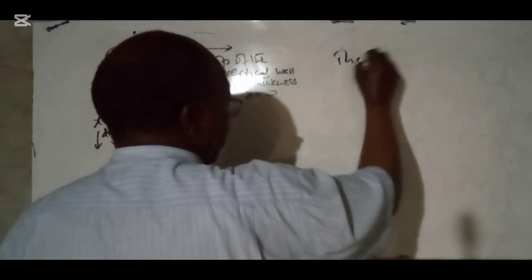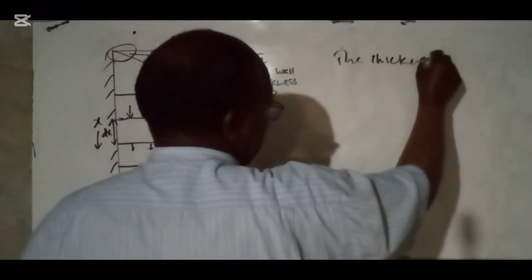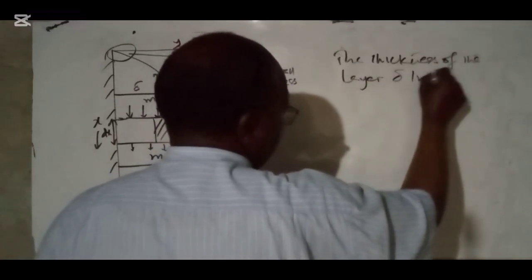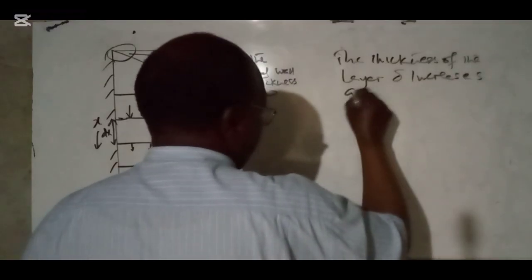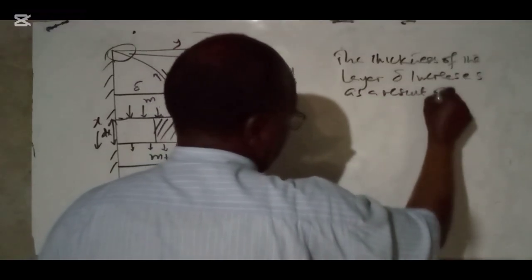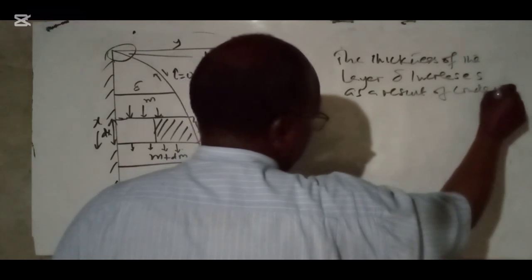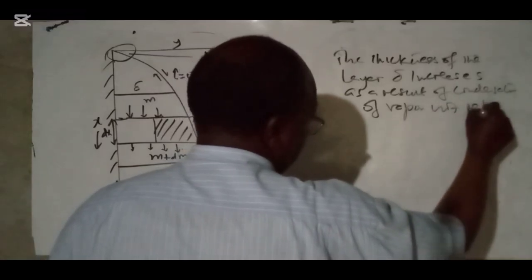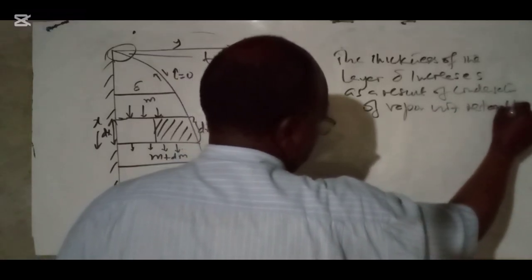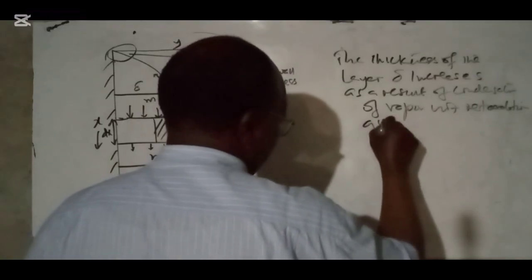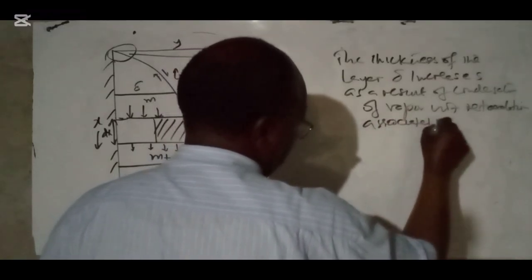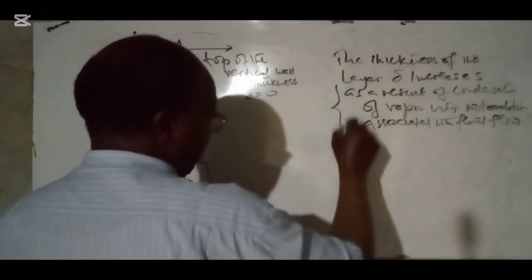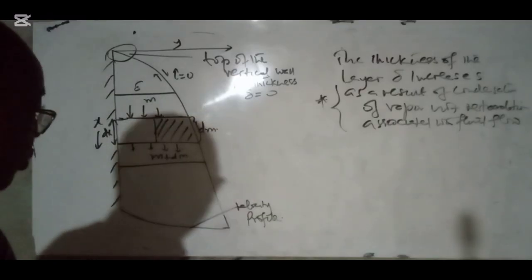So the thickness of the layer, sigma, increases as a result of vapor, not retardation associated with fluid flow. It's very important for you to note that.